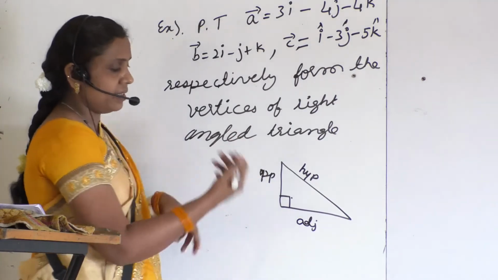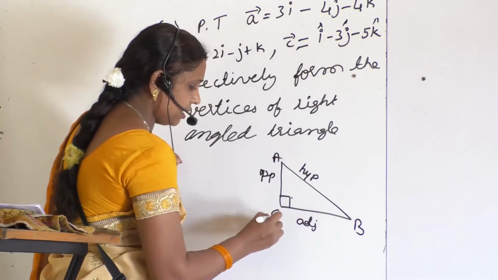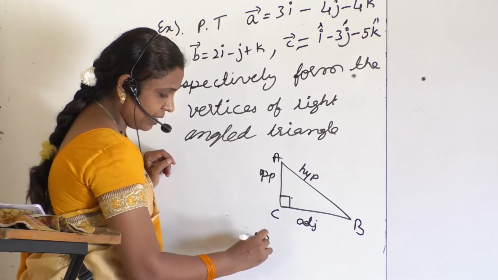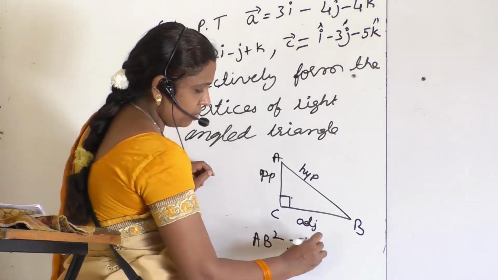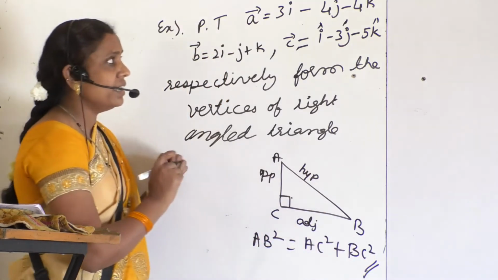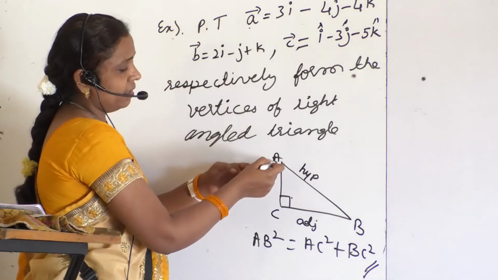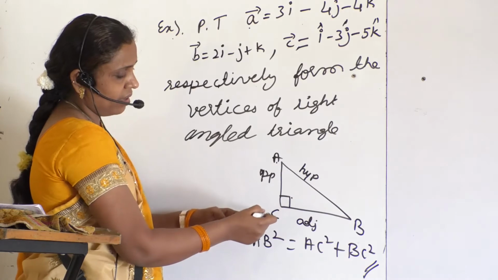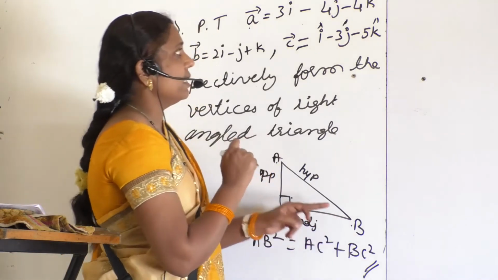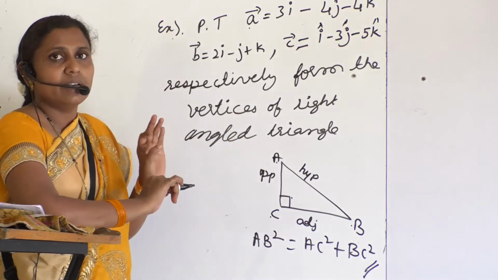So suppose A, B and C. In this case, the property applied is AB square is equal to AC square plus BC square. Am I right? As I told you earlier, which point A comes at which vertex, we don't know at present with respect to this given data.